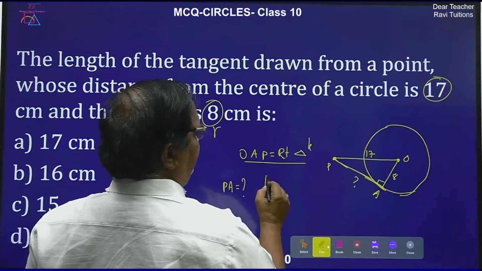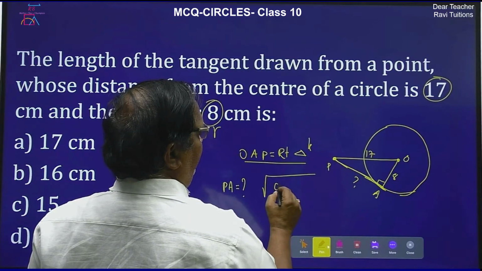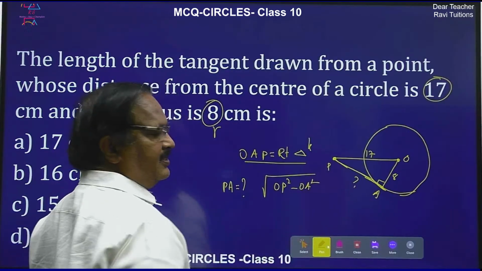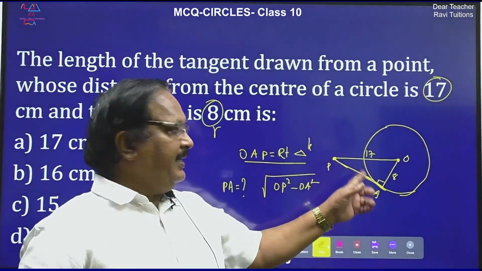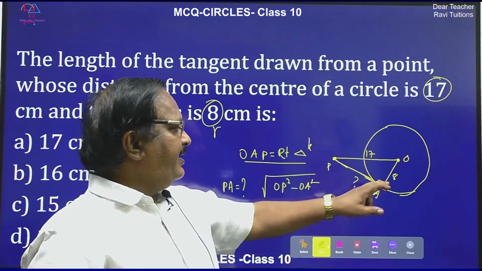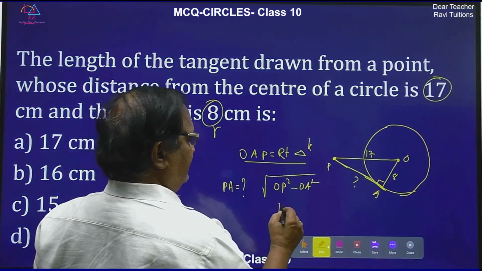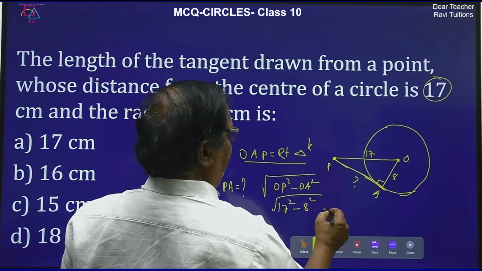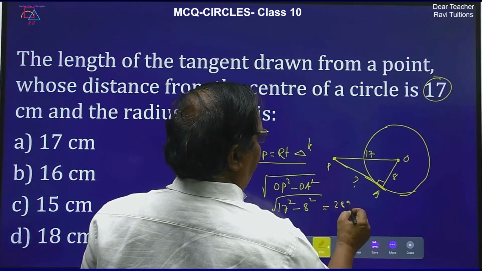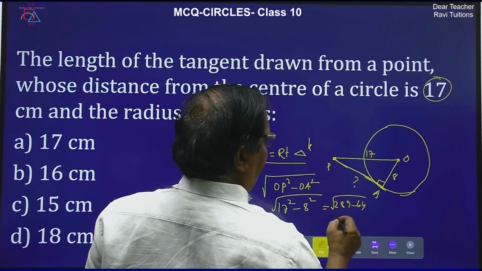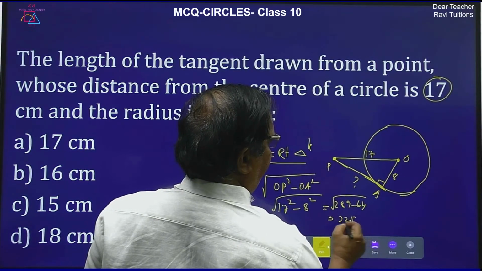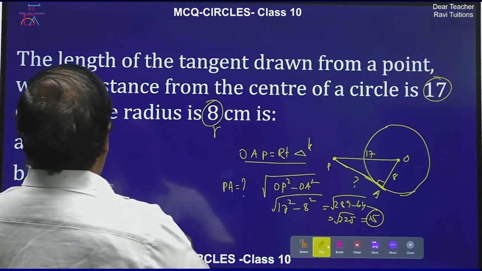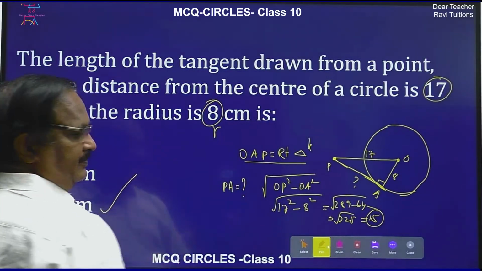PA is equal to the square root of OP squared minus OA squared. You have to use the Pythagoras theorem: 17 squared minus 8 squared, which is equal to 289 minus 64, which is equal to 225, whose square root is 15. 15 is the correct answer.